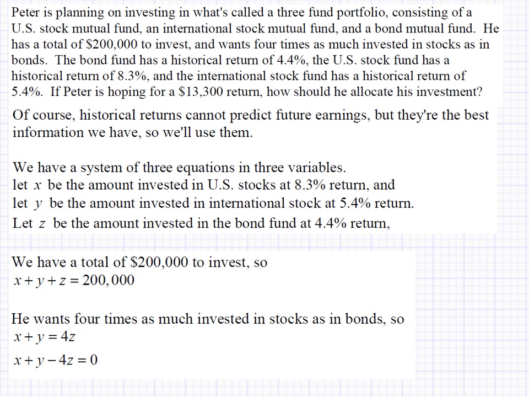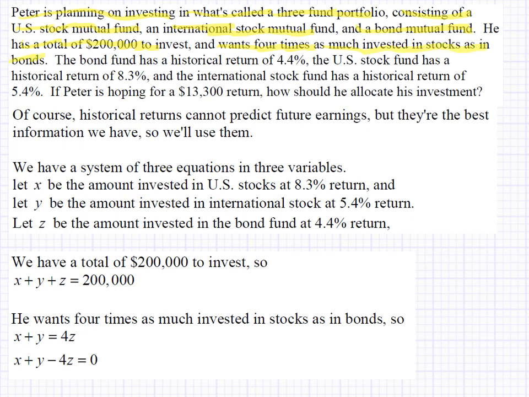So Peter is planning on investing in what's called a three-fund portfolio, consisting of a U.S. stock mutual fund, an international stock mutual fund, and a bond mutual fund. He has a total of $200,000 to invest and wants 4 times as much invested in stocks as in bonds.